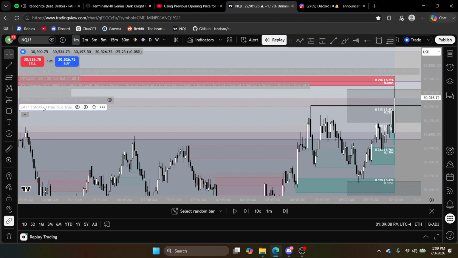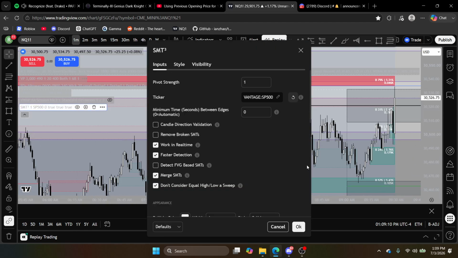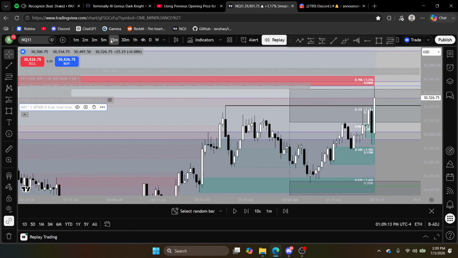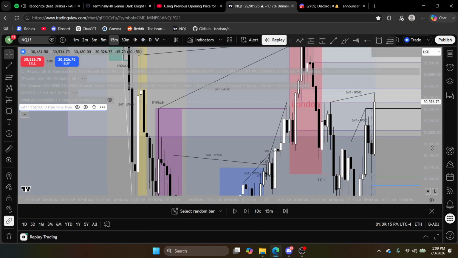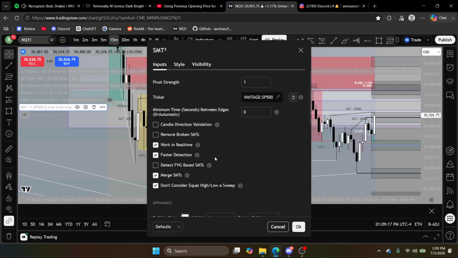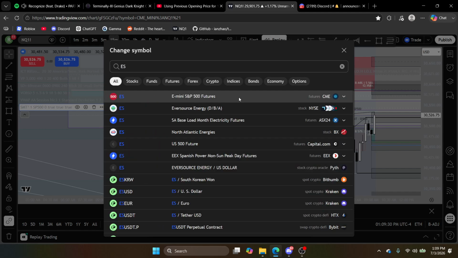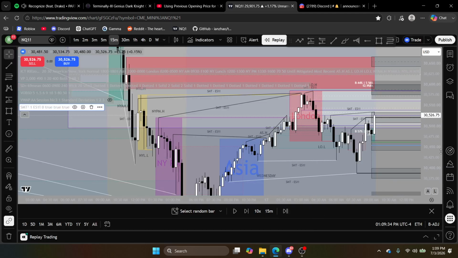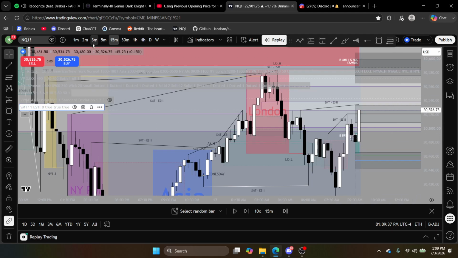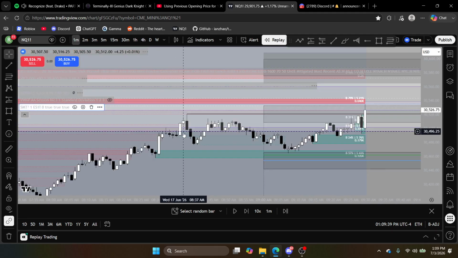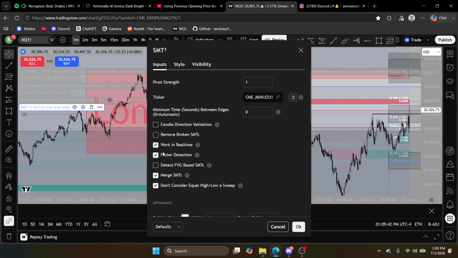Yo, I hate how this indicator doesn't work properly whenever you're backtesting on the 15 minute. It works on a 15 minute for some reason. Why doesn't it work on the lower time frames? That's really weird.